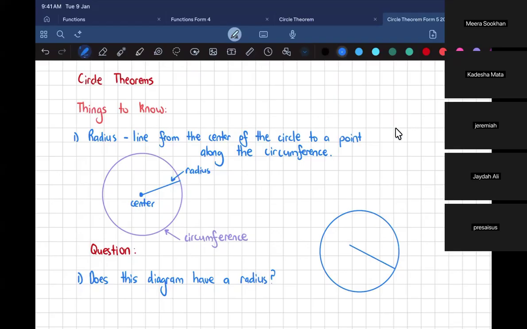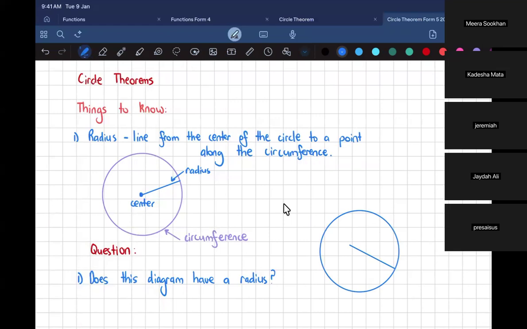Tell me, does the diagram I just drew have a radius? Rapid fire. Let me check the chats. No, it doesn't have a radius. Why not? Because it's not starting from the center of the circle. Exactly.